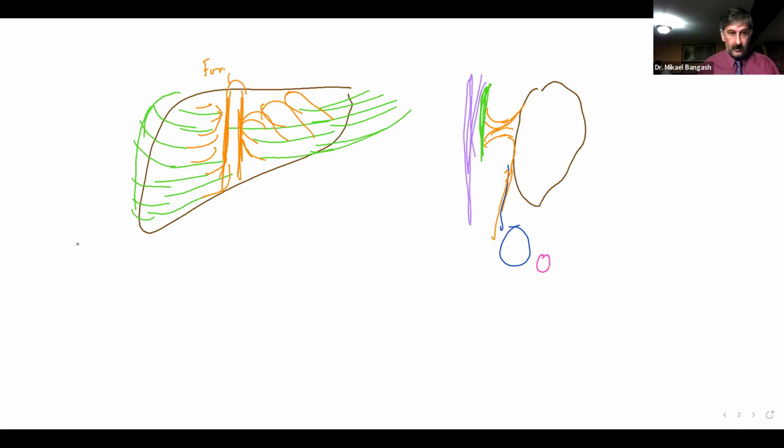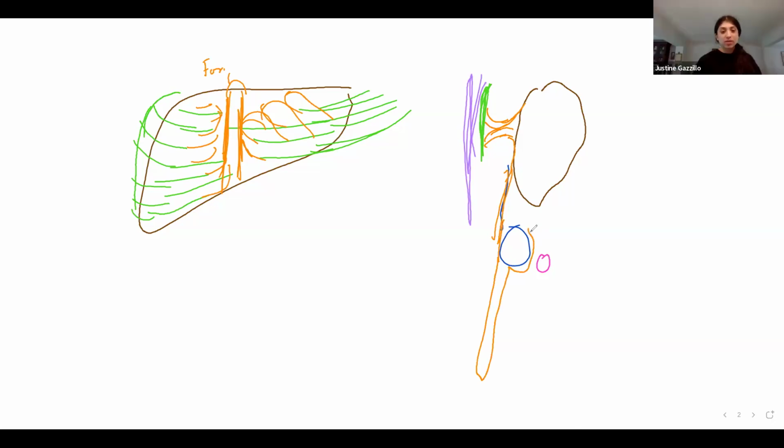We already said that the peritoneum goes between the liver and stomach. Lesser omentum goes here. Greater omentum comes up, goes like this, and then it goes on to the liver. So this became your greater omentum.